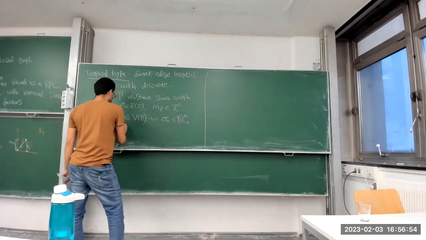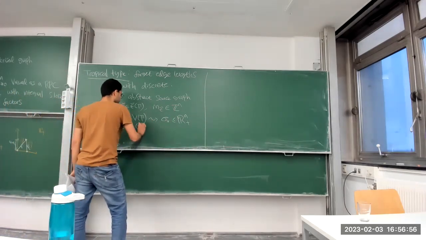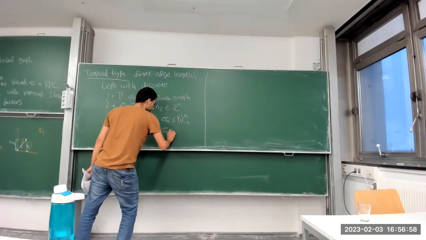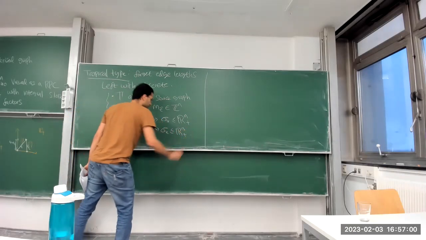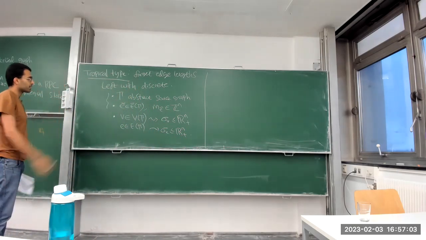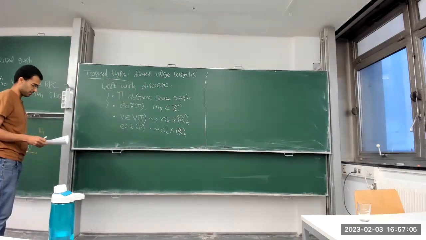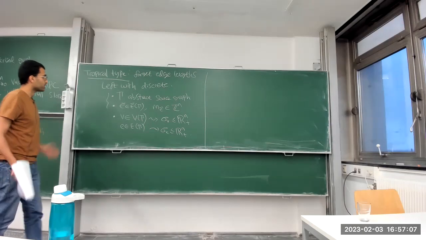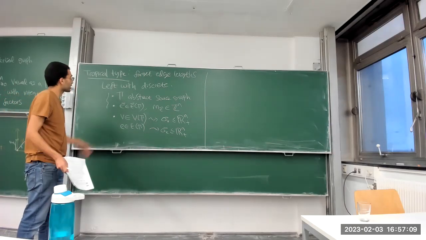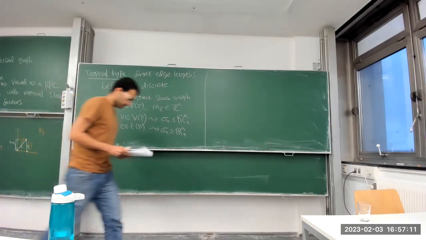So there's this assignment, and similarly, there's this assignment for the edges. So, some discrete amounts of data, and if we fix various things at the beginning, then we can enumerate these.